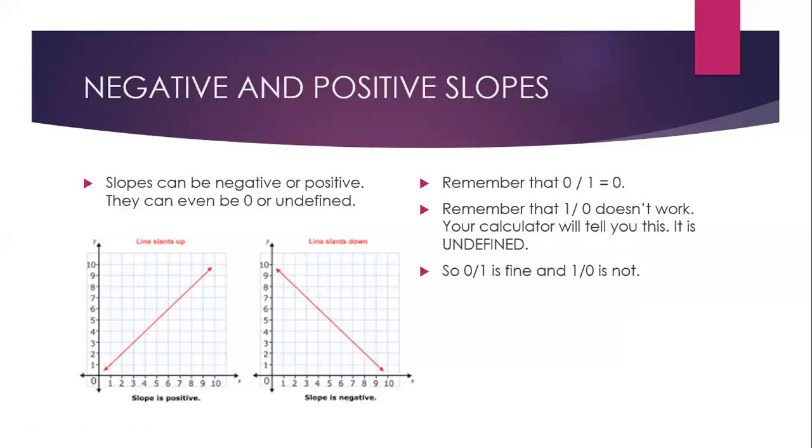You can go find the biggest supercomputer in the world, a mega calculator at the Pentagon, and ask what's 1 divided by 0? And the supercomputer that calculates infinitesimally large numbers will tell you that it doesn't work. That's because you can't divide by 0. That's a really important rule. But notice that 0 divided by 1 is fine, and 1 divided by 0 is not fine.